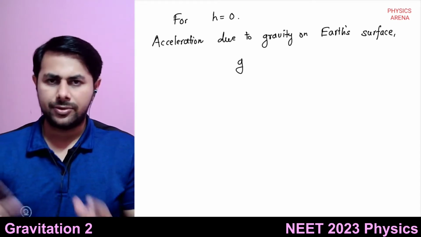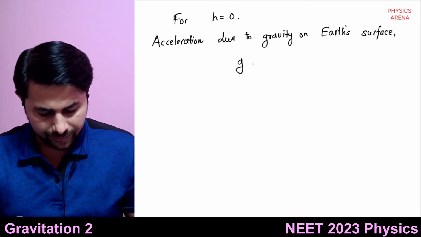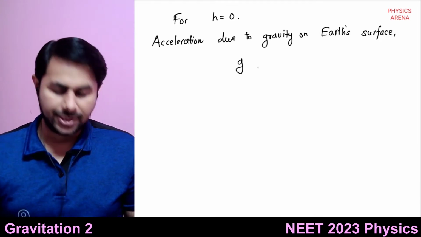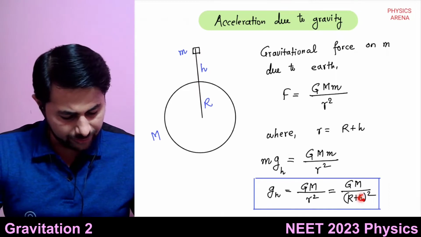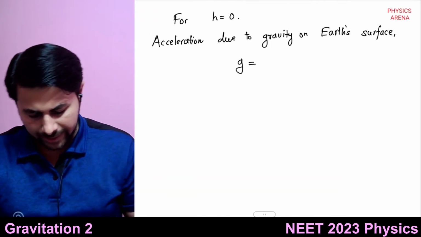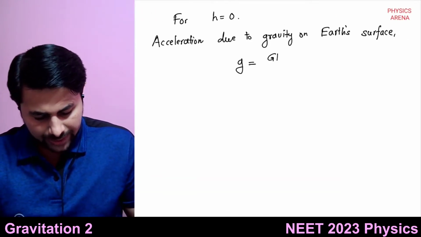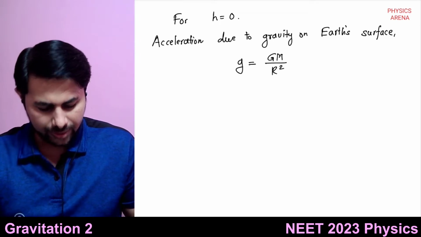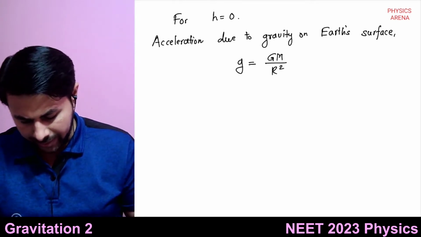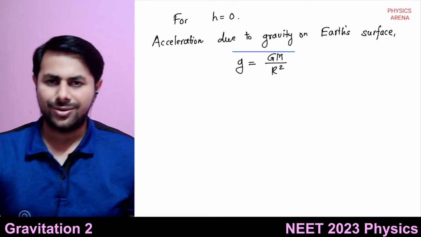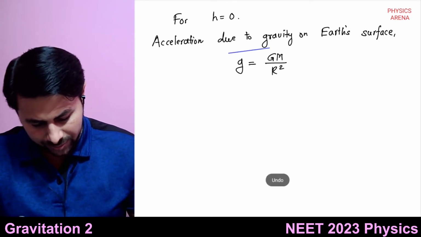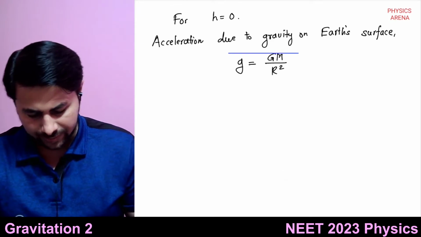It is now just g, or you can say g at h equals 0. Putting h equals 0 here, we get g equals G times M upon R square. These formulae that we are going to derive are important. We need to remember them, but they are easy.